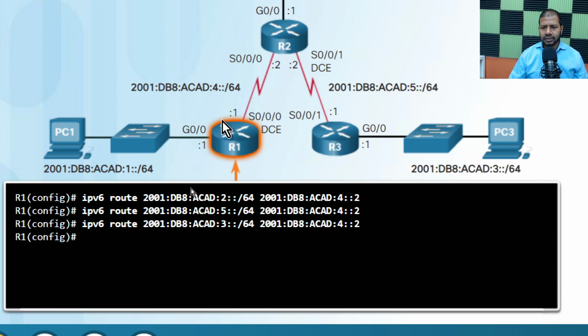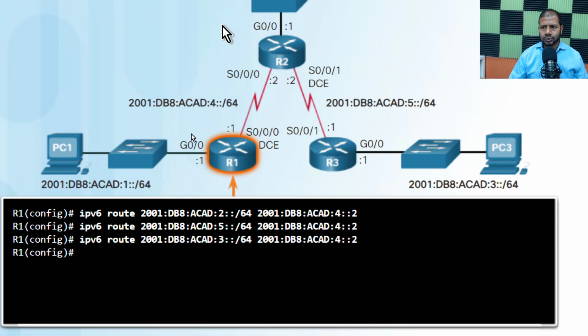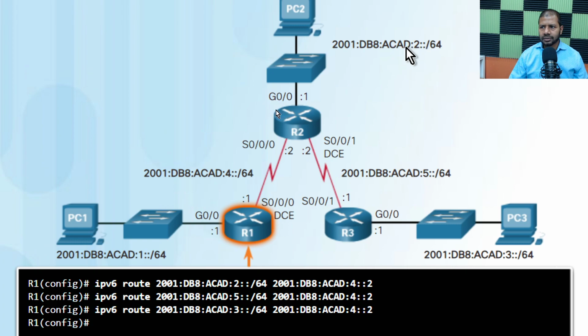I need to go into this network right here, 2001:DB8:ACAD:2. In order to go to that network, my router R1 has to send the data to this next hop router. The destination network is ACAD:2, this one right here. To go to that destination, my router has to send the data to this 4::2, that next hop router. Hope it's very clear now.